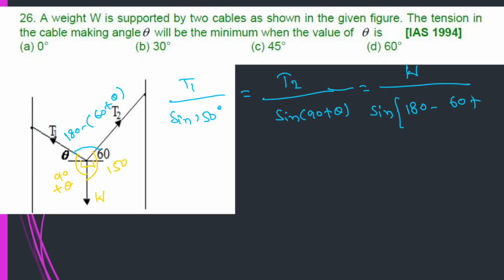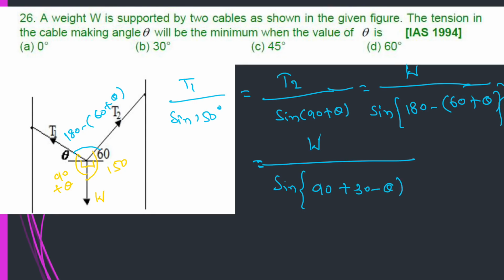Or this one also we can write in 90 plus theta term, sine 90 plus 30 minus theta. So from here T1 is inversely proportional to sine 90 plus 30 minus theta. T1 is minimum, so this value is minimum, means this term should be maximum.